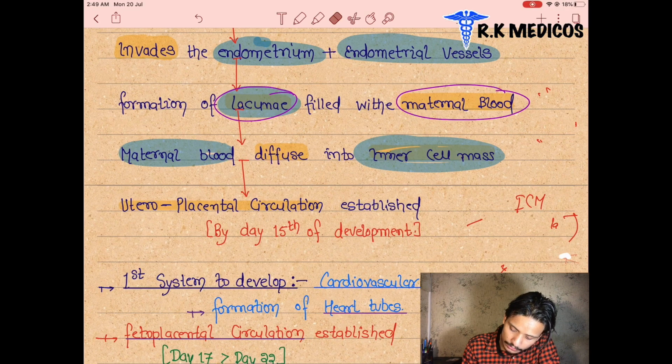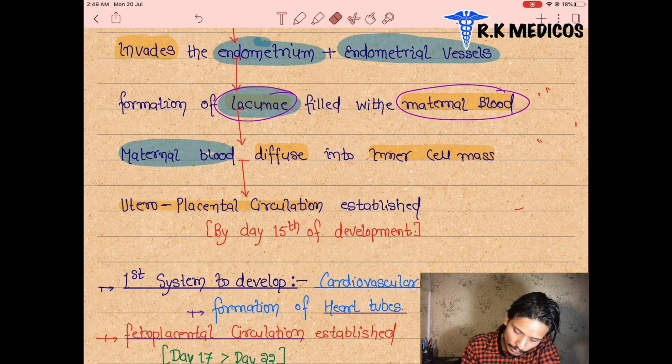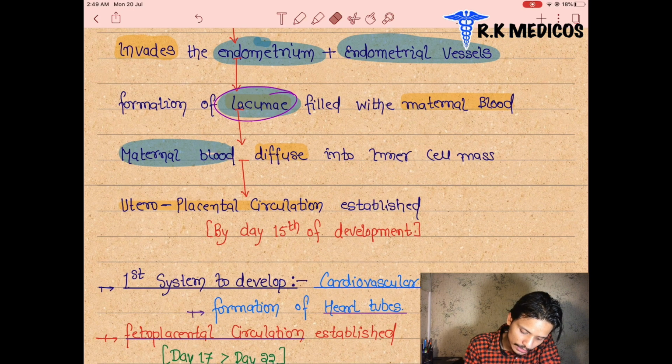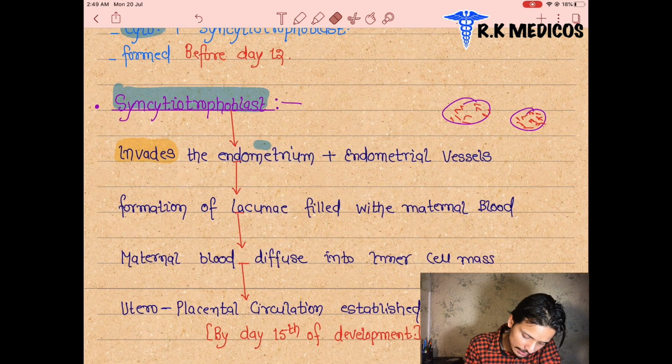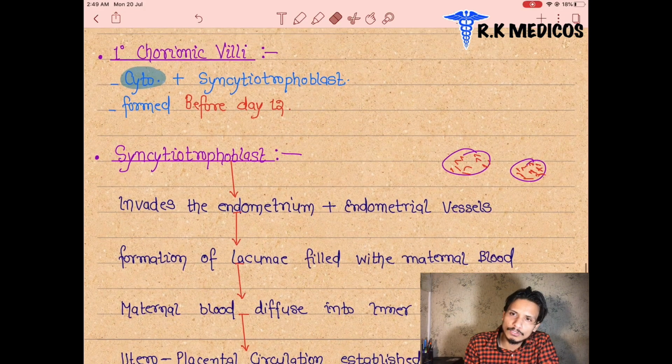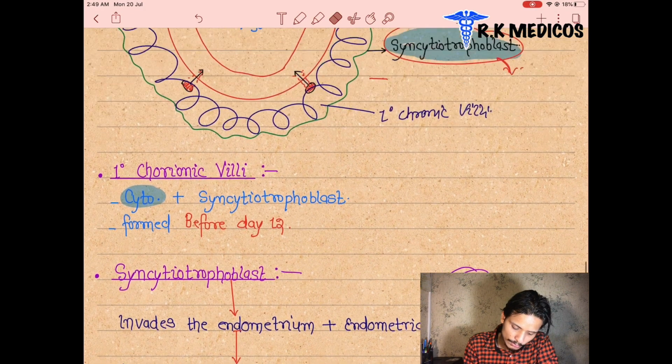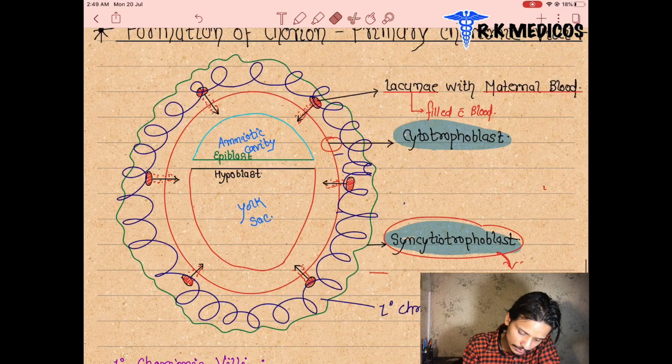Till now the embryo has no heart, no blood system, no cardiovascular system formed. So where is the blood supply coming from? The blood supply is coming from the mother, and these lacunae are filled with blood and supply the child through which type of circulation? Uteroplacental circulation.